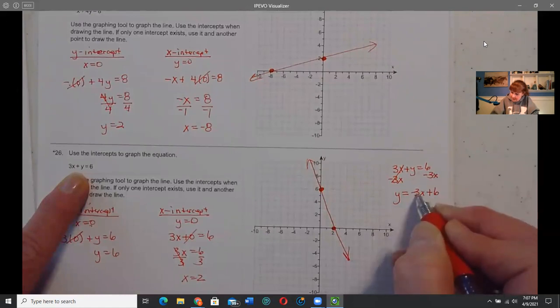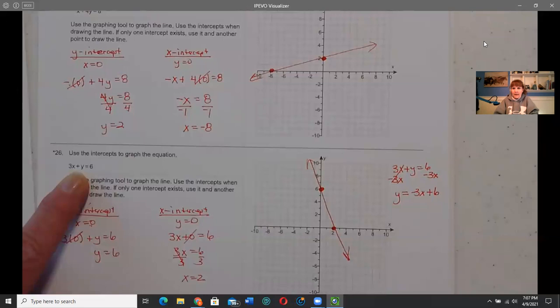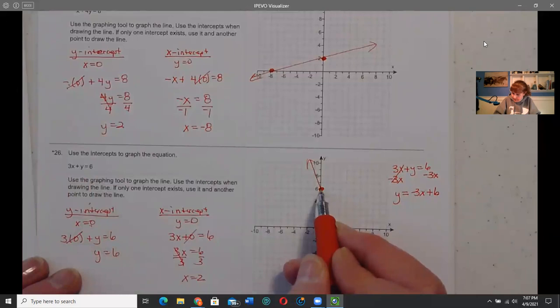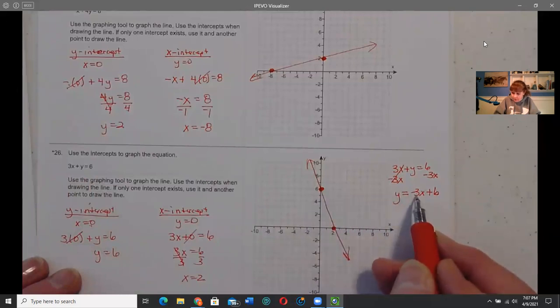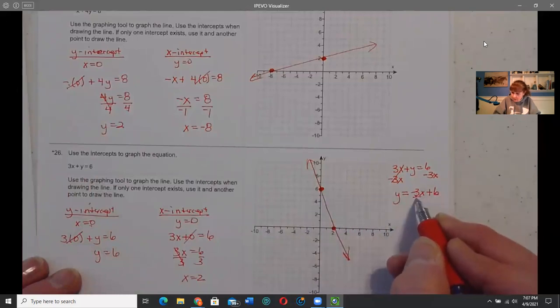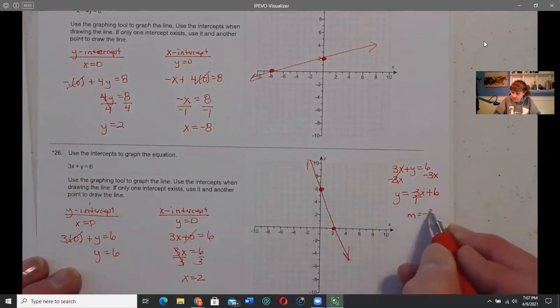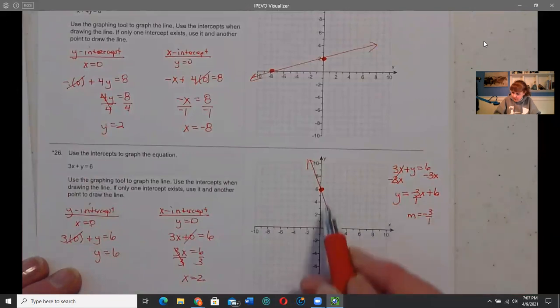I put this first. I can't combine them because the 6 doesn't have an x. So they stay separate, which means I go to the 6 on the y-axis, make a dot. Then I'm going to go down 3, that's the slope, and over 1. So our slope is a negative 3 over 1. So I'll go down 3, 1, 2, 3, and over 1.